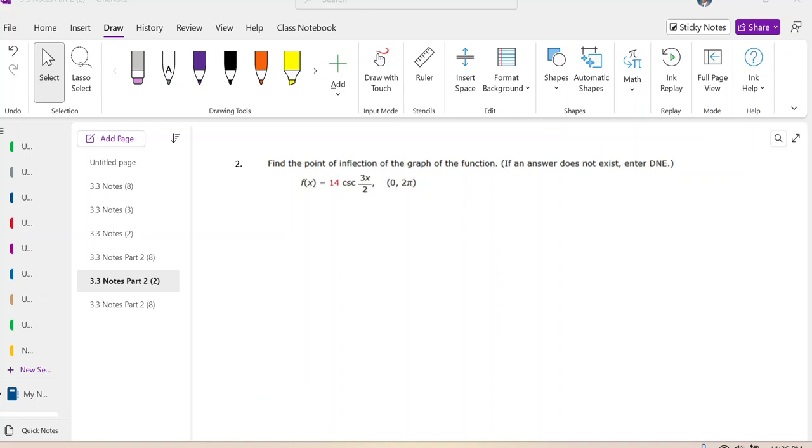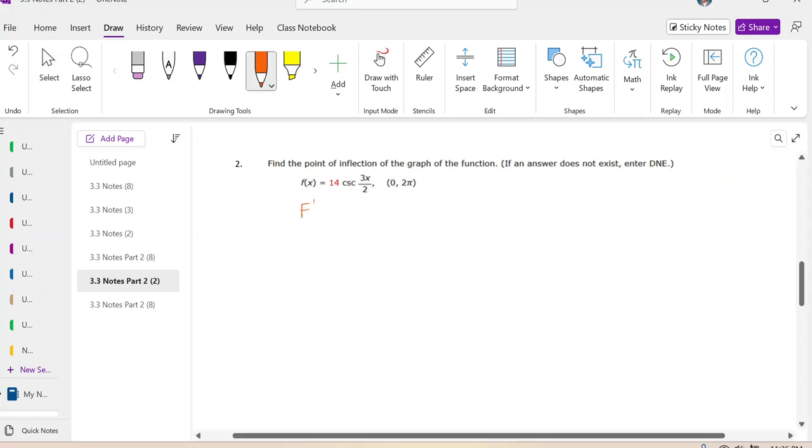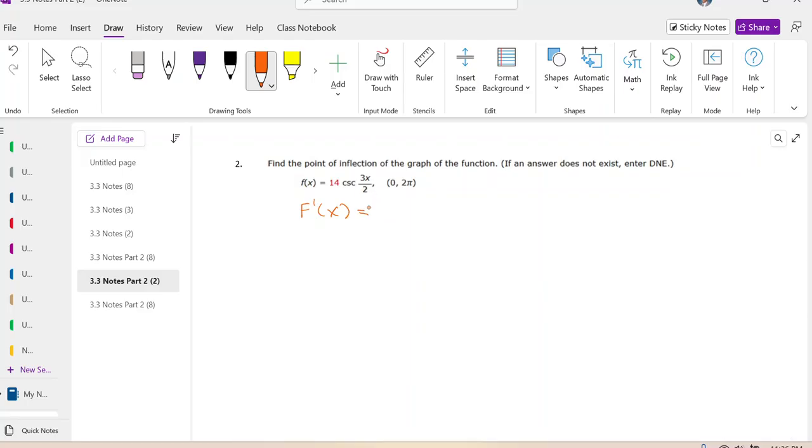Alright, so the derivative here, remember the derivative of cosecant is negative cosecant cotangent, but with the chain rule, we'll say u is 3x over 2, which means that u prime is 3 halves.